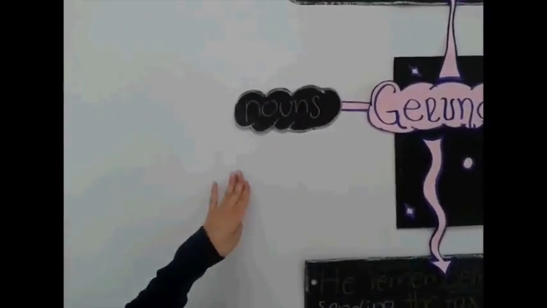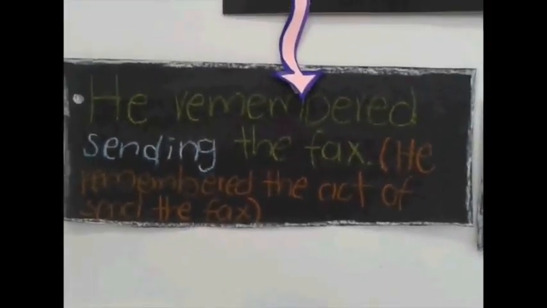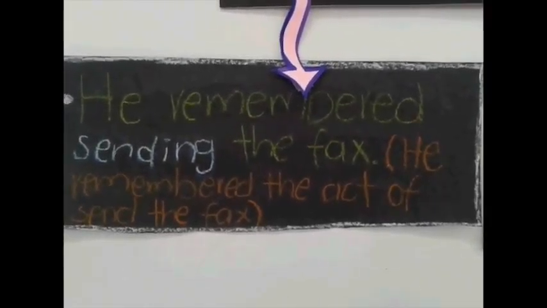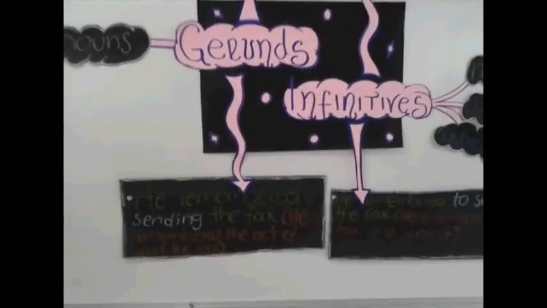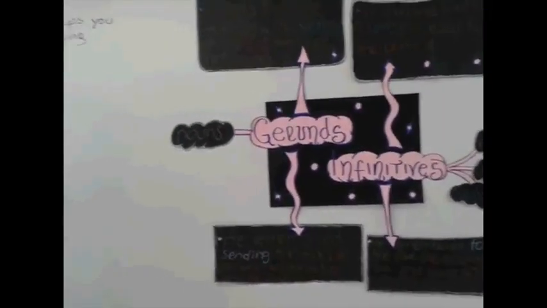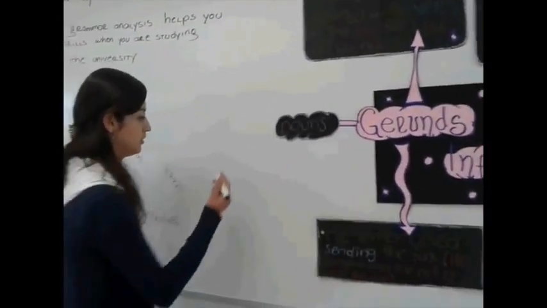They function just as nouns. As an example, we have this: he remembered sending the fax. That means that he remembered the act of sending the fax. That is one of the uses.